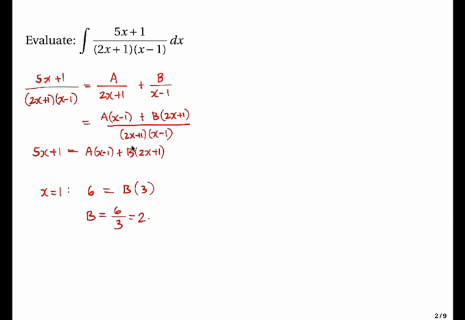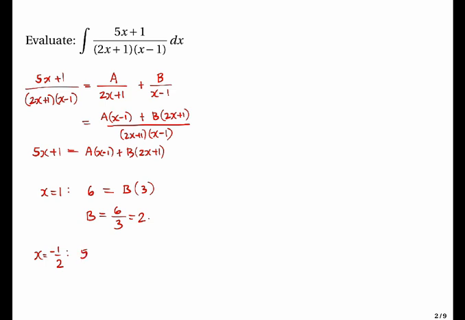On the other hand, we can choose x equals negative 1 half, because if we choose x equals negative 1 half, the B term will disappear and we will be able to compute the value of A. So when x equals negative 1 half, let us compute this completely.